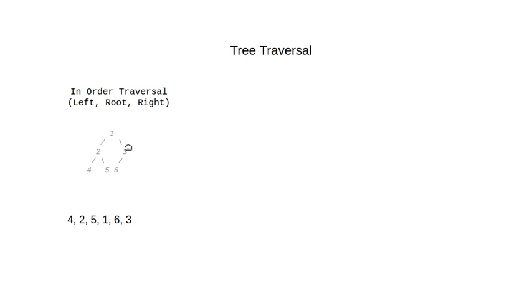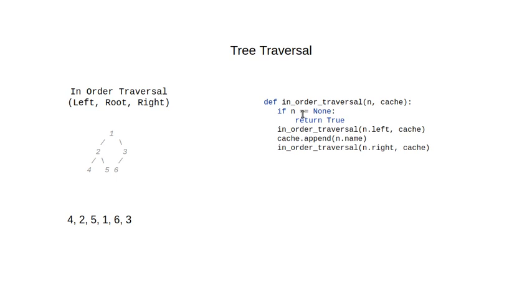And explaining that, we have a code snippet like this. As usual, if the node is null, then we simply return true. Else we call the in-order traversal, and we put the left tree. As soon as we hit the null value, we can append the name of that node into the cache, and only then we call the in-order traversal again, the recursive one, but we put the right after that.